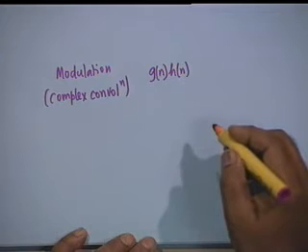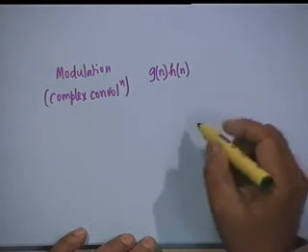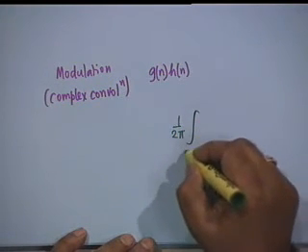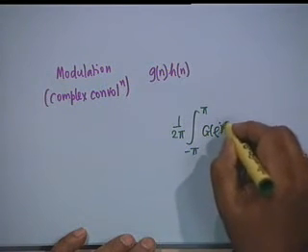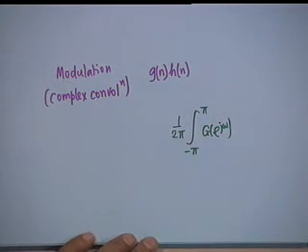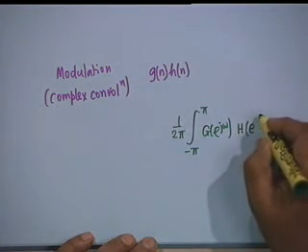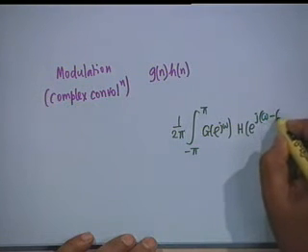So, in the frequency domain, it is a convolution, and the expression is 1 over 2 pi integral minus pi to pi G of e to the j omega. This is convolved with capital H, so, e to the j (omega minus theta).